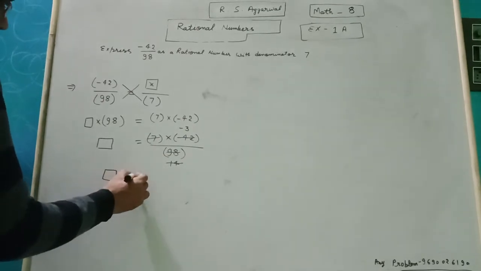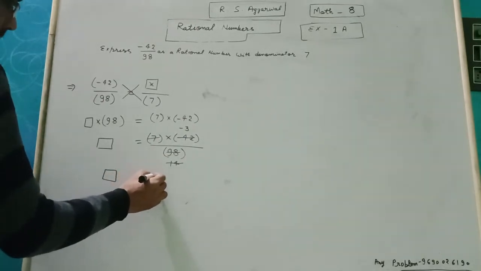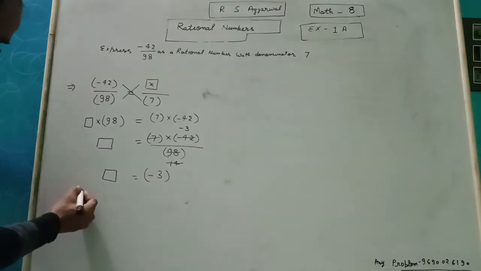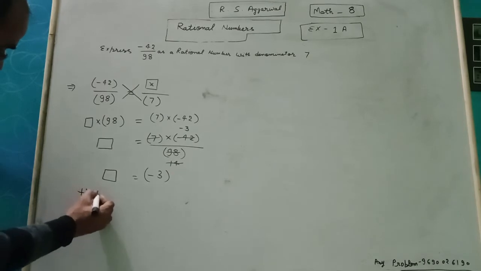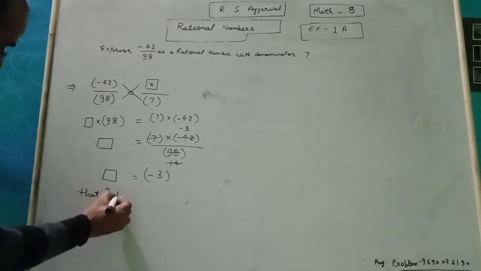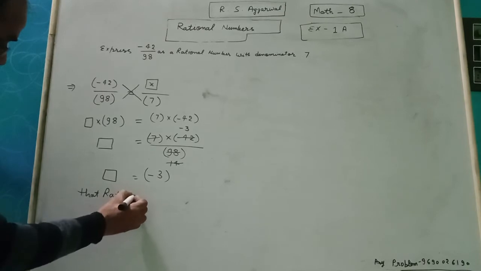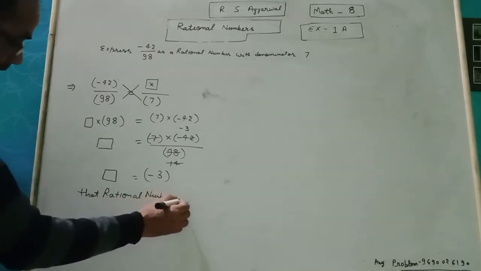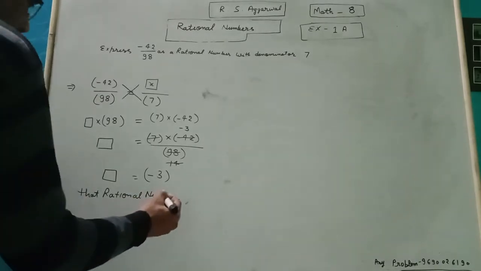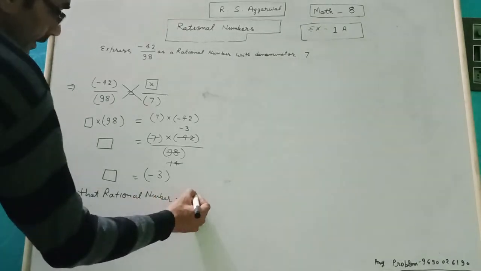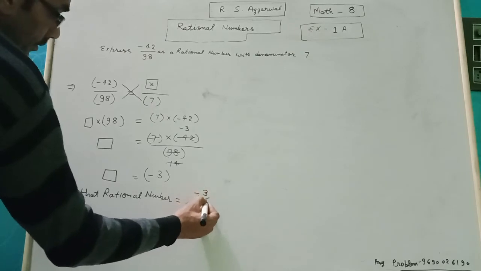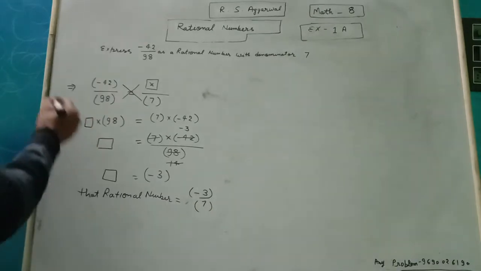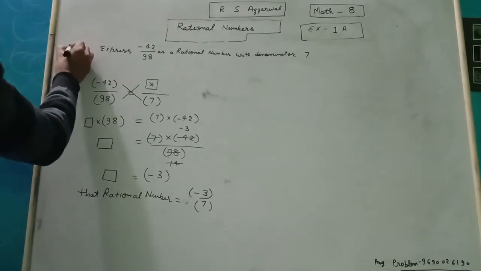Box will be equal to minus 3. That rational number will be minus 3 upon 7. Question number 2 is complete.